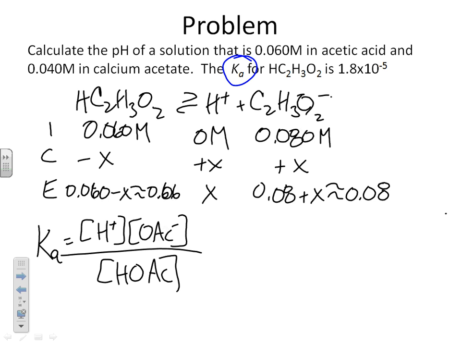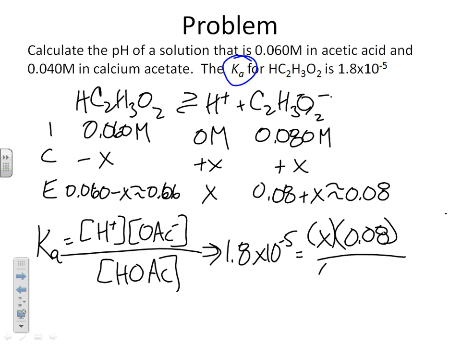I'm using it as shorthand. Feel free to use it on anything that is not officially graded. Do not use it on the AP exam, please, but it is shorthand because chemists are lazy and we use acetate a lot. So then we're just simply going to plug everything in. So this is 1.8 times 10 to the minus 5th is equal to x times 0.08 divided by 0.06. Then you solve. This is truly identical to the other types of problems we've been doing thus far.